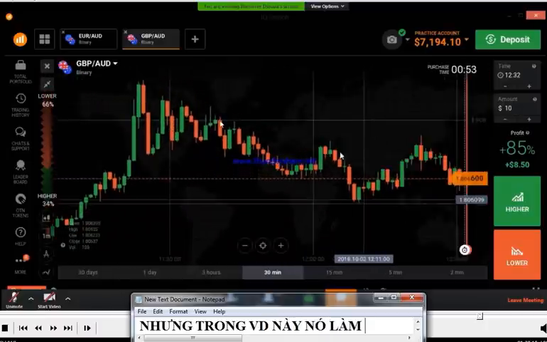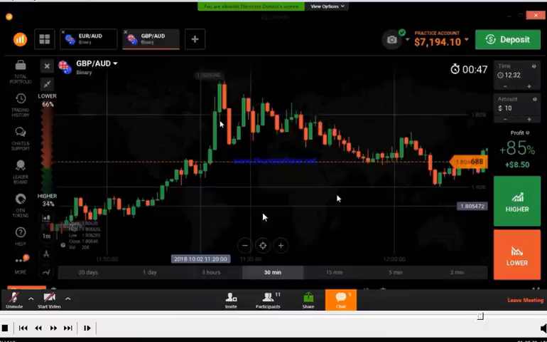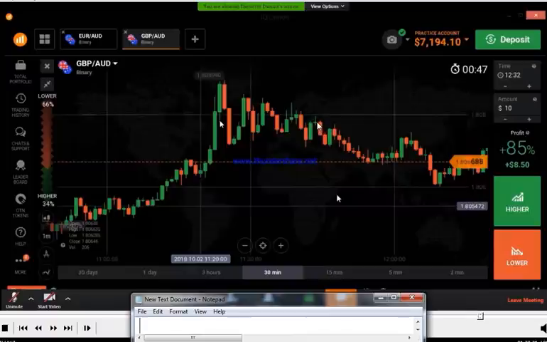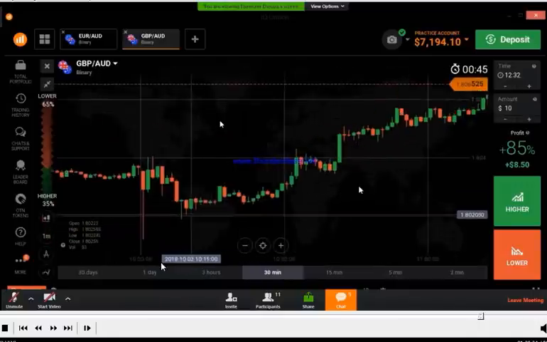If you find a strong bearish movement or bullish movement, and then you find a spinning top, it means it may continue the trend.